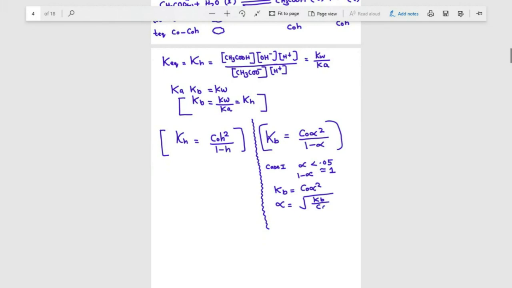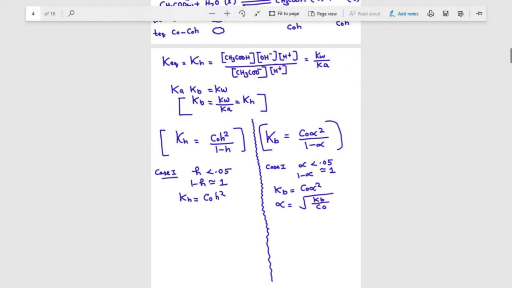In the same way we will solve here, because it is like a weak base. Case 1: when the degree of hydrolysis is less than 0.05, then 1 minus H is equal to 1. So we can write that Kh is equal to C naught into H square.